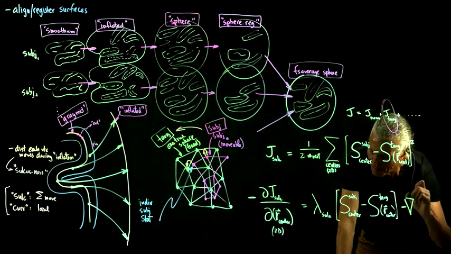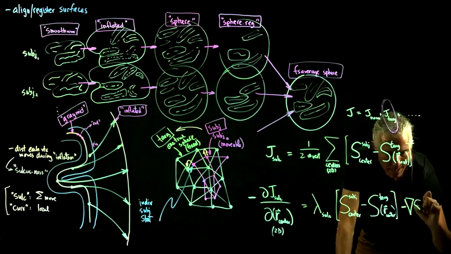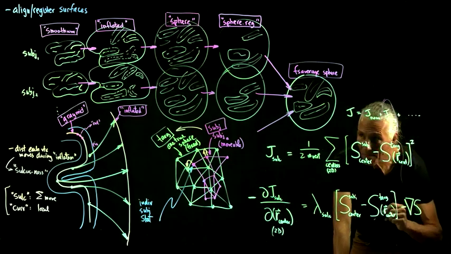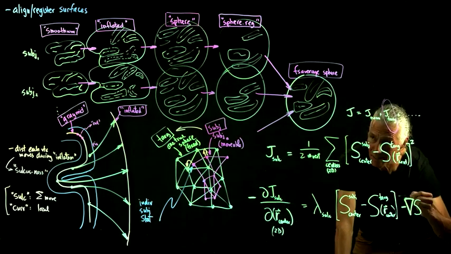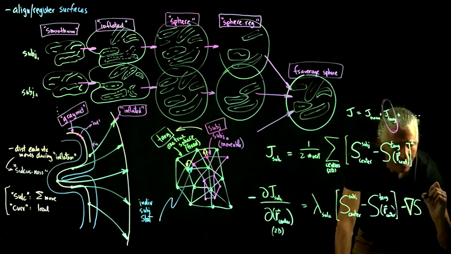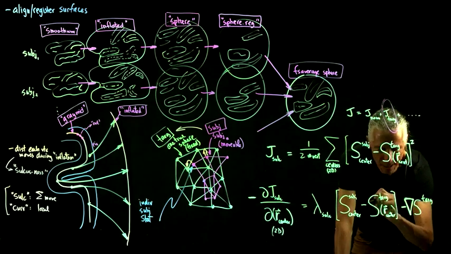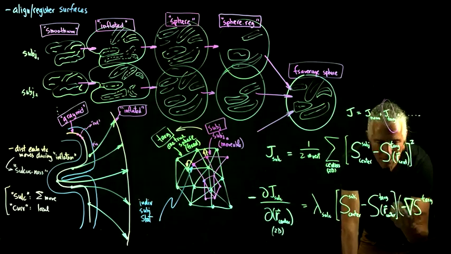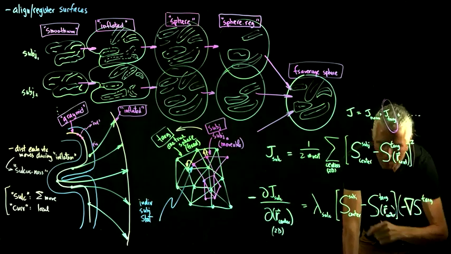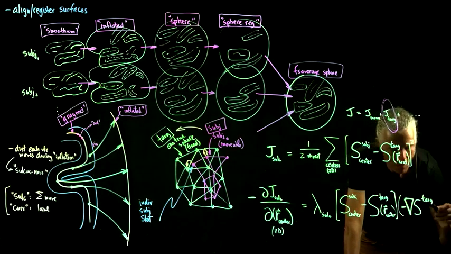And so we'll get the same thing we got last time, which was the gradient. The gradient just means the fastest changing direction in sulcusness. The negative is in there because we subtracted it. You wouldn't have a negative if you flip the subtraction. You can write it out different ways.